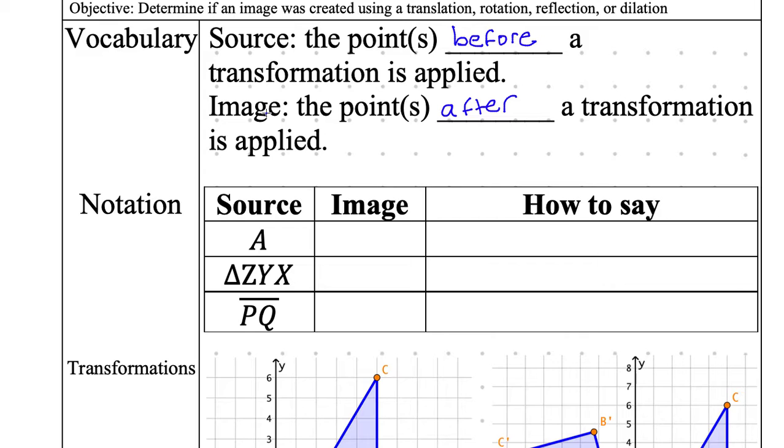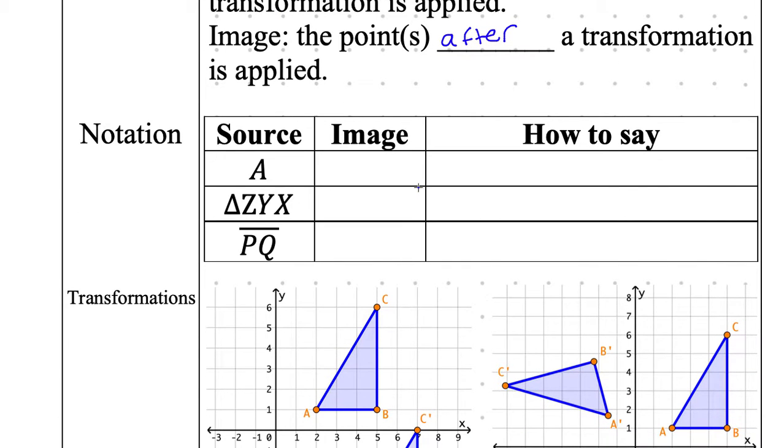So let me talk about how to do the notation really quickly. If I have a source and I apply some transformation like a rotation or a reflection, a dilation, something, I'm going to turn this A into an A prime. Write it down. The way that I say this is A prime.